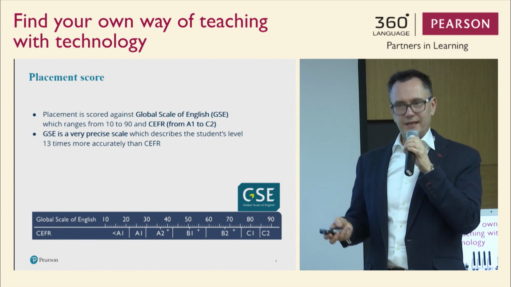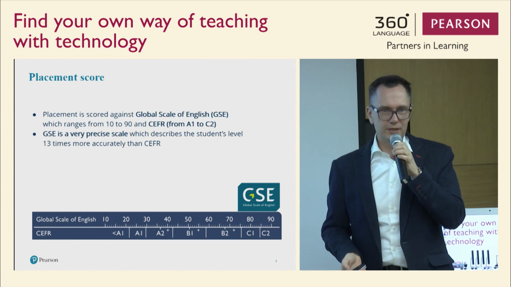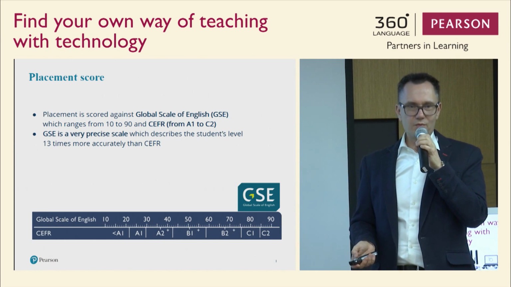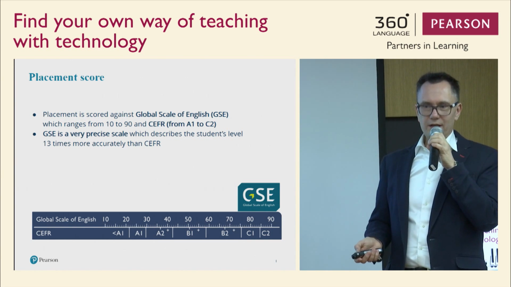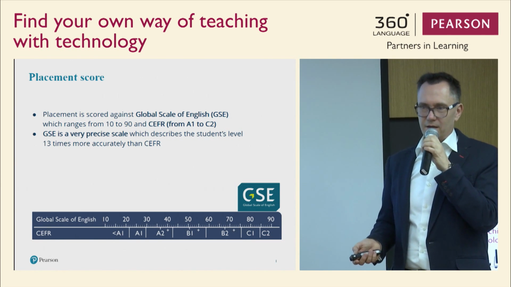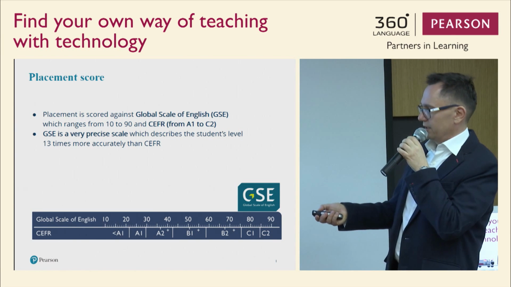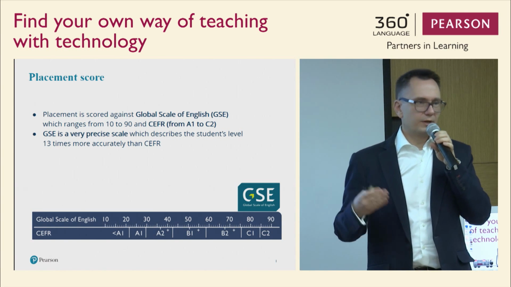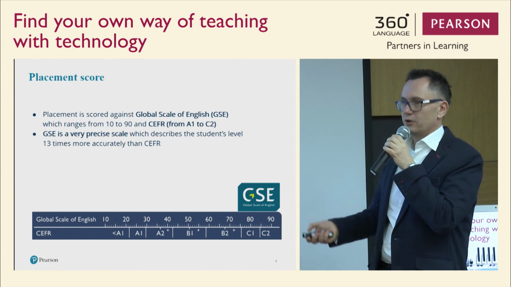Or 36.6. Now, using this scale, we are able to tell our students very precisely where they are with their English. So we can tell them, your level of English, or for a particular skill such as writing, is, for instance, 36. Or your level of English as far as speaking goes is 42.